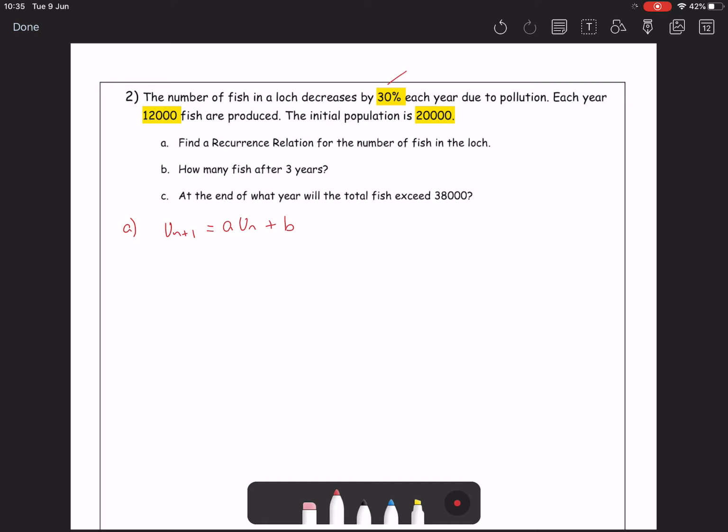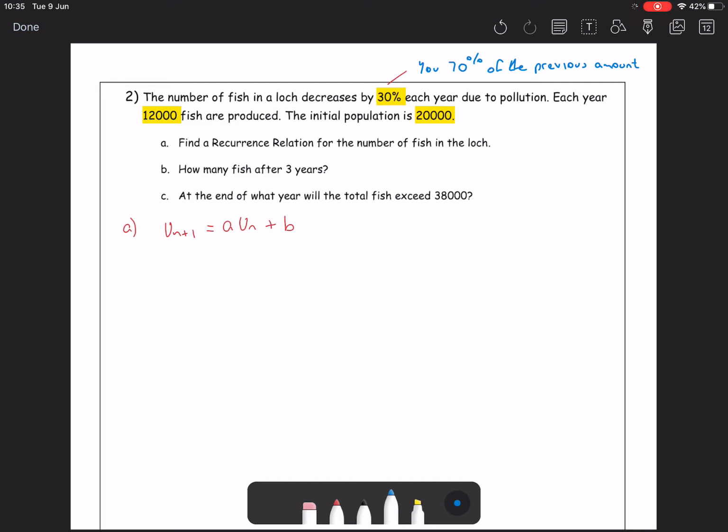The fact that it decreases by 30% means that you have 70% of the previous amount. You've lost 30%, so you're interested in the remaining 70%.